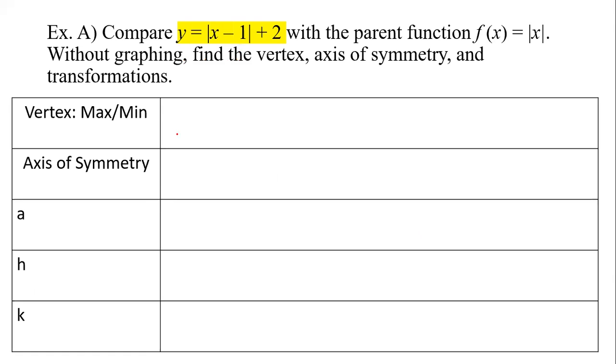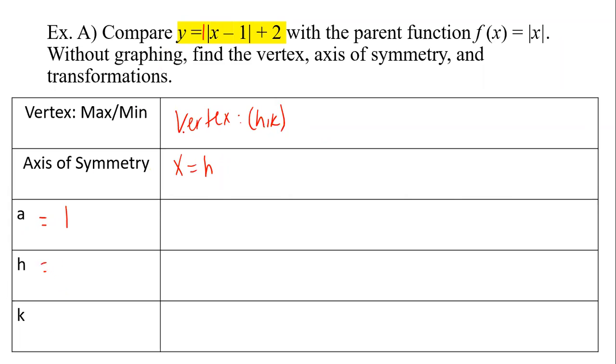Our vertex here, remember, is your H, comma, your K. And then your axis of symmetry is x equals your H. So we're going to identify what each one of these is. Our A currently is a 1.